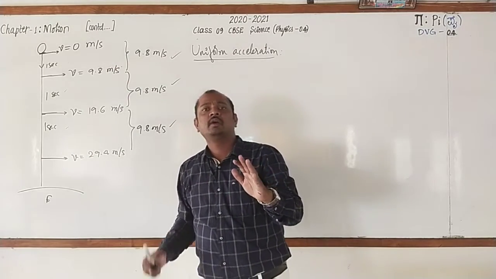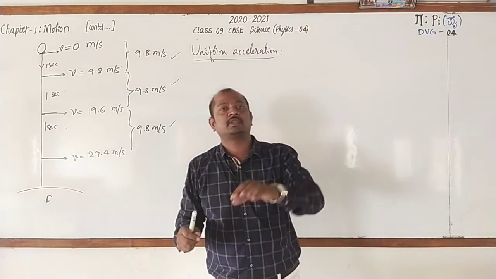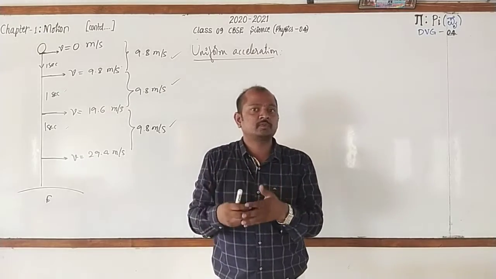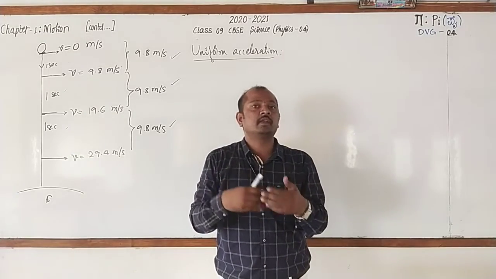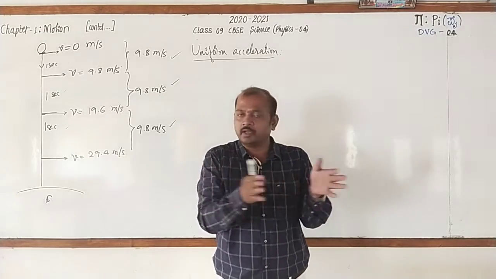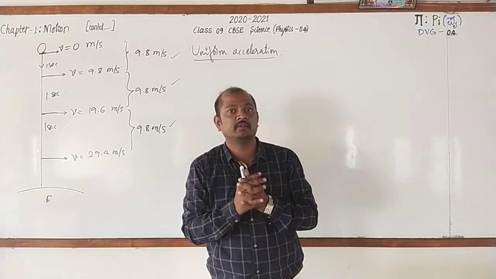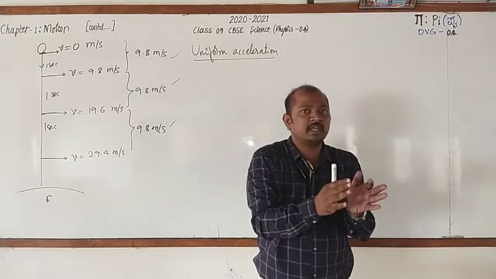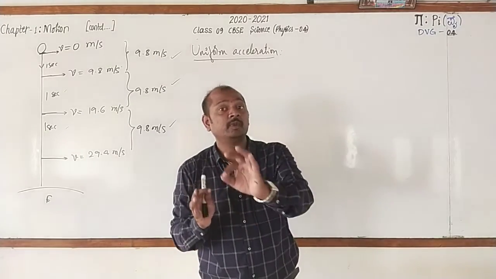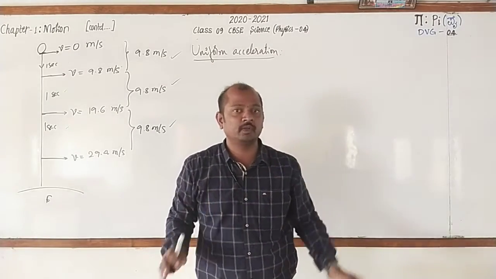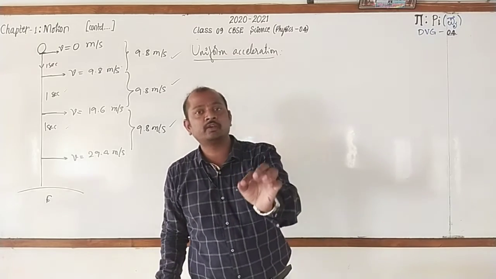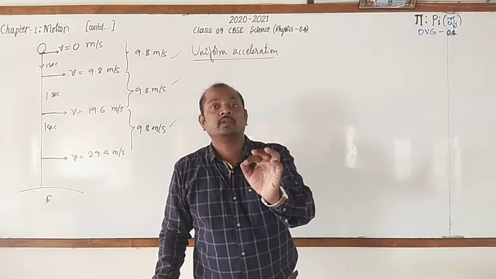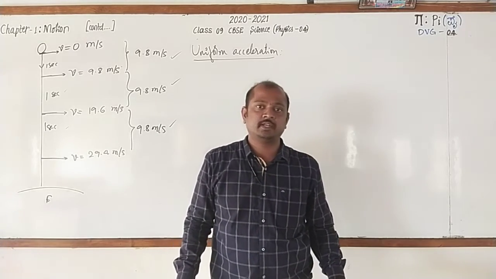Clear? Assume that a boy is riding a bicycle in a crowded place. Then what will be the speed? Whether the speed goes on increasing or decreasing, it will be changing. But whether that change in velocity will be the same or different in equal intervals of time, it will be different. And we call that acceleration non-uniform acceleration.